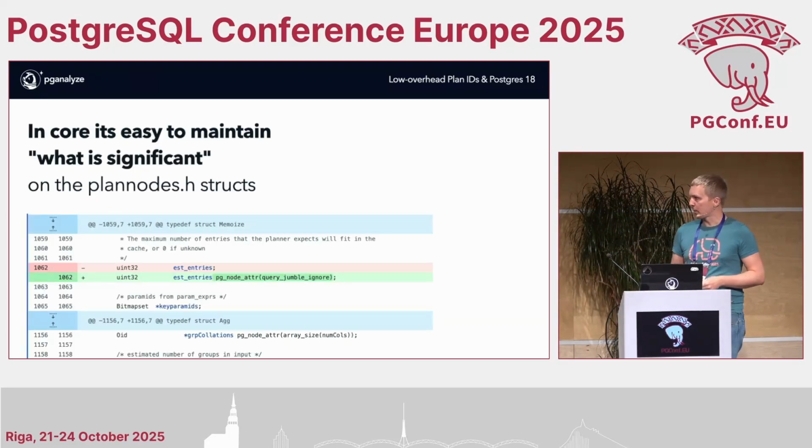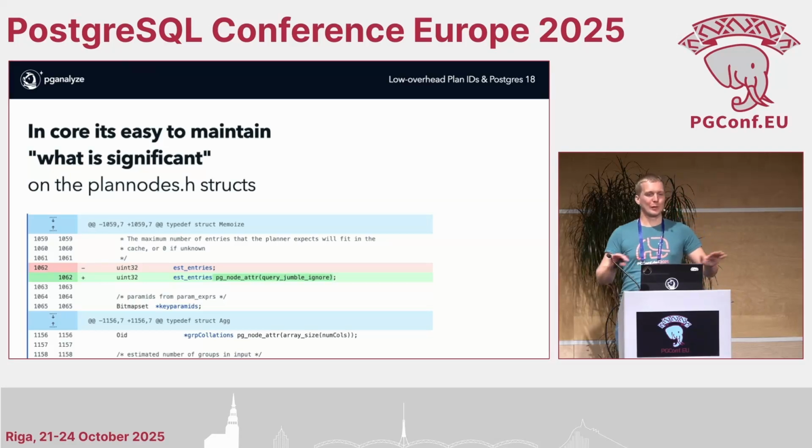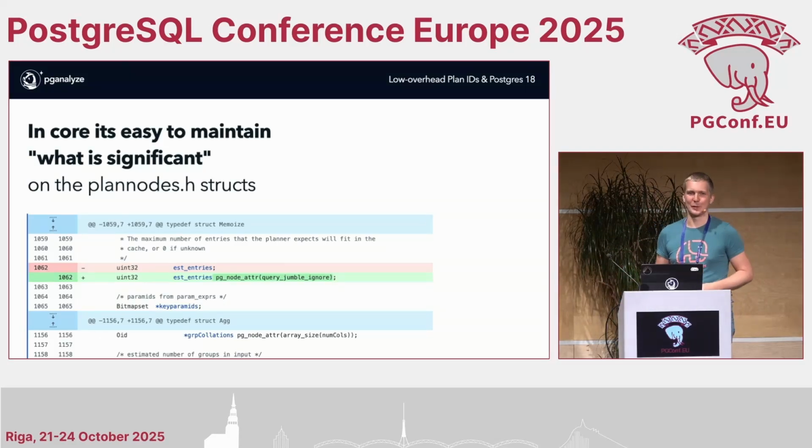Now, in core Postgres, and for those of you who haven't looked at the Postgres source, I apologize for including too many examples of source code, we have these node structs, these different either expression nodes or plan nodes. We're trying to say which of these are significant. If I'm calculating a hash, which of those should I actually care about?